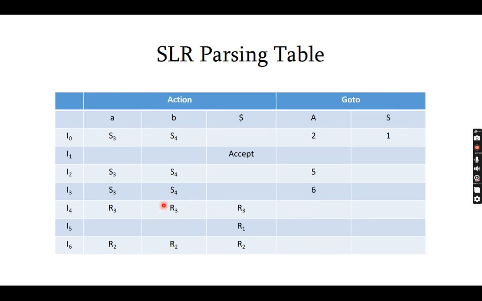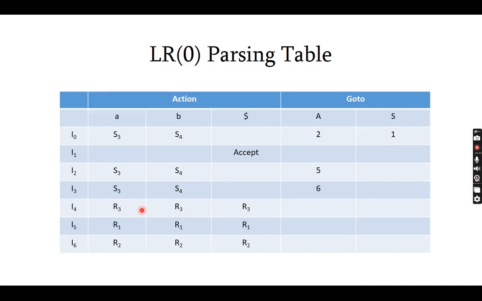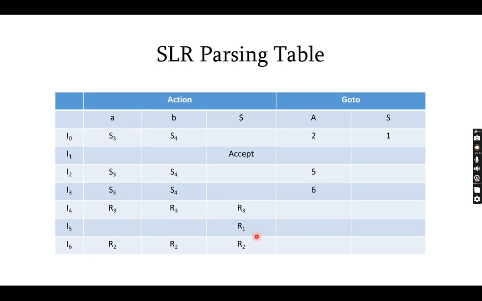There is only one difference between LR0 and SLR: in LR0 you write the reduce operation in all the columns of the action part, but in SLR you write the reduce operation only in the follow of the LHS.